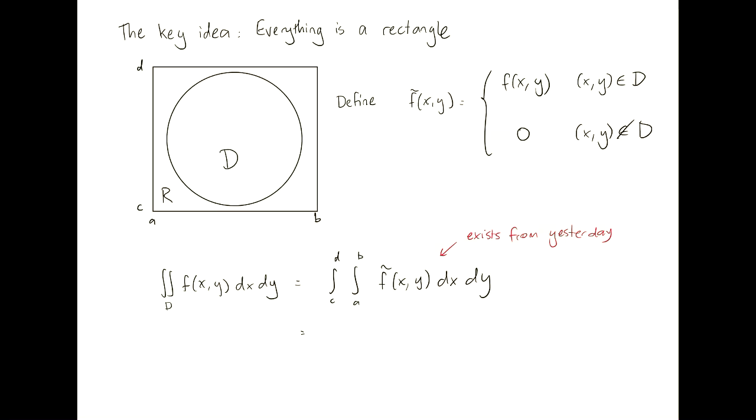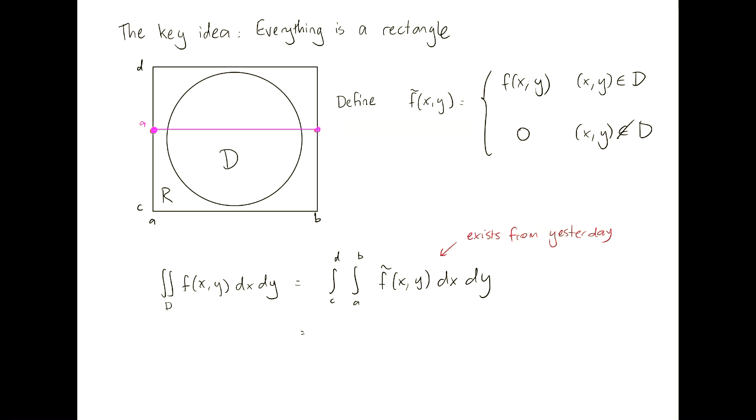Except looking at this integral from A to B, well, we're trying to integrate from A to B along here. So from A all the way over to B, and if I just gave you this as a one-variable integral problem, you would know exactly what to do.